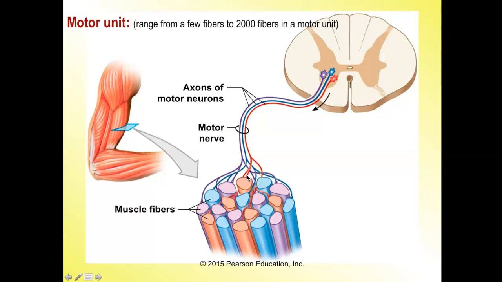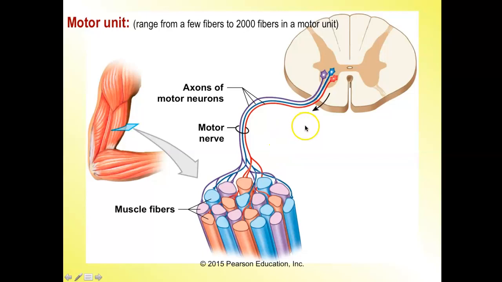So notice that the purple motor neuron controls only the purple muscle fibers. The blue motor neuron only controls the blue muscle fibers, and the red motor neuron only controls the red muscle fibers.